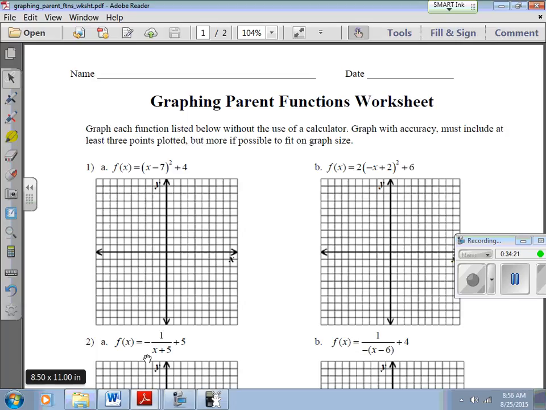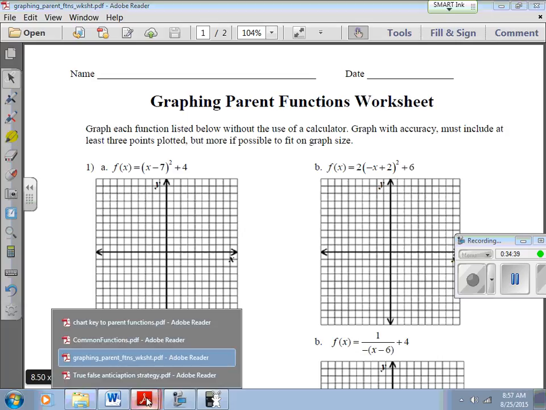Exponent 2 is just a quadratic equation. It's a parabola going up. Now, if that 2 would have been negative, the parabola would go down. These are the ones we already did, yeah?